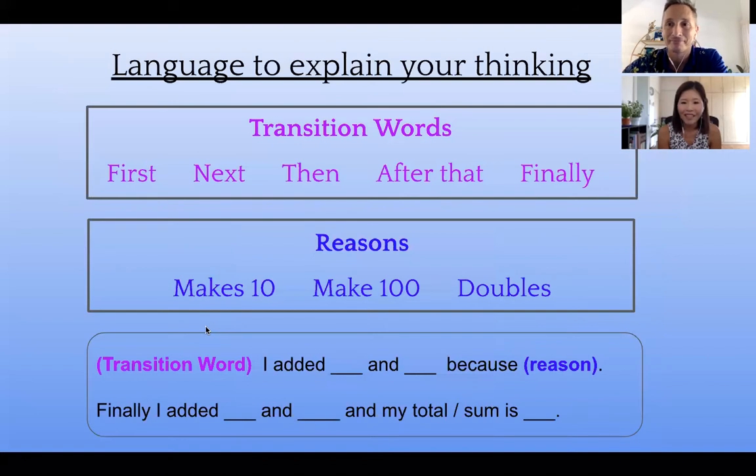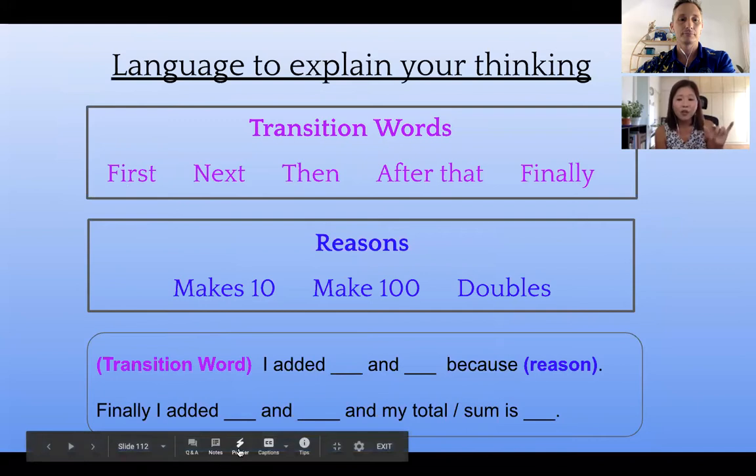All right, so we're going to talk a little bit about the language to use when you're explaining your thinking when you're adding multiple addends. You might be adding 3 or 4 numbers. When you explain your thinking, we're going to use transition words or sequence words like first, next, then, after that, finally.